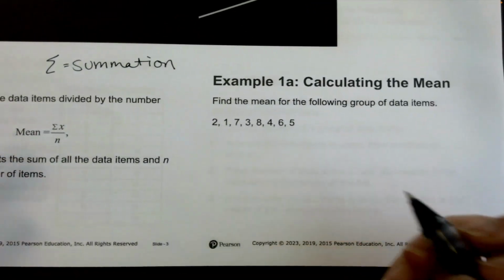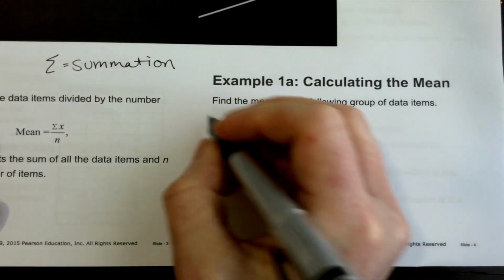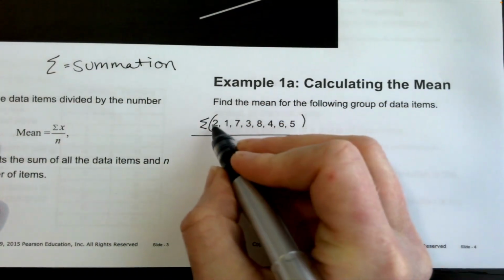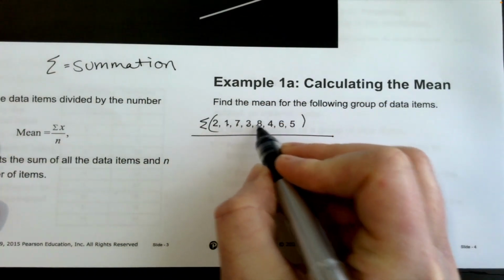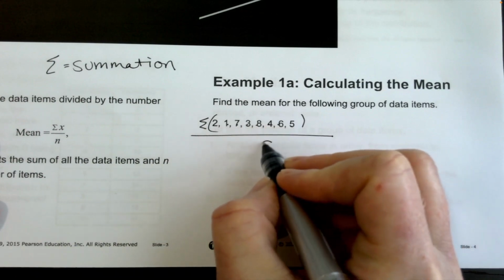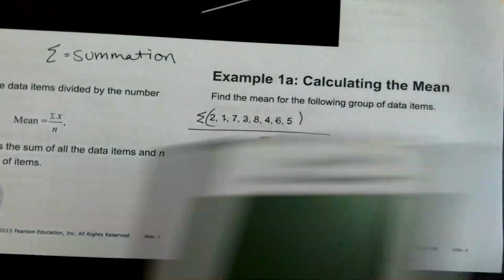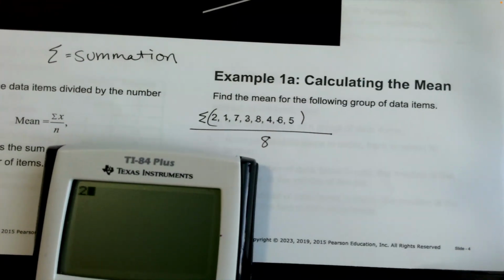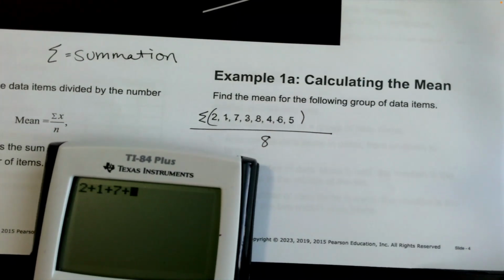So to calculate the mean, we would add all of these up. So find the summation of this group and then divide by 1, 2, 3, 4, 5, 6, 7, 8. So 2 plus 1 plus 7, 3, 8, 4, 6, and 5.